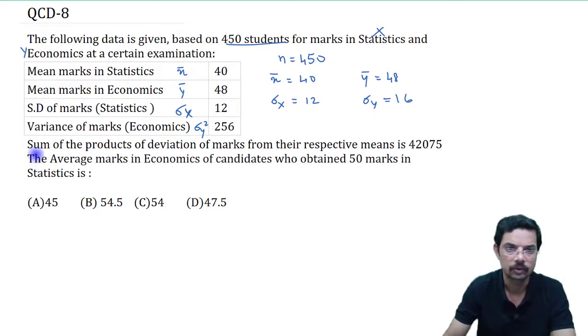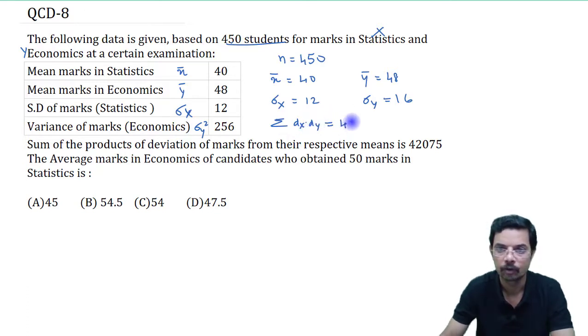Now, what else is given to you? The sum of the product of deviations of the marks from the respective means is given to you, that is, sigma dx into dy, as 42075.